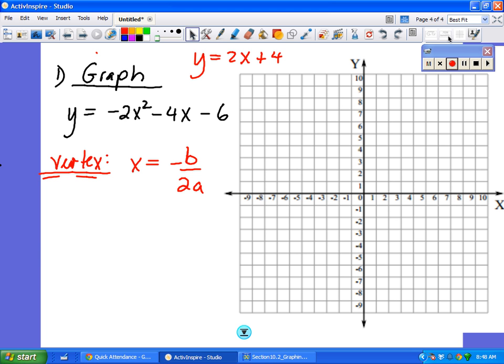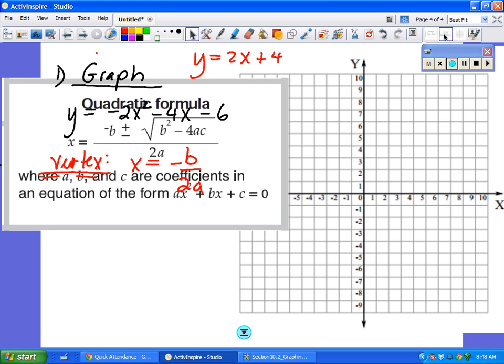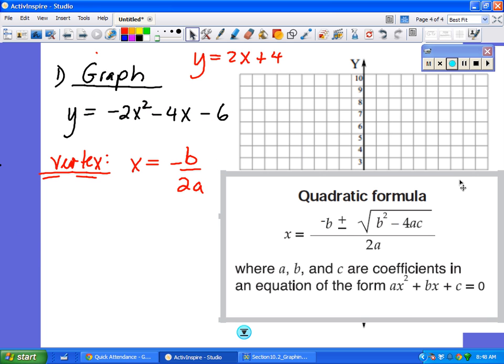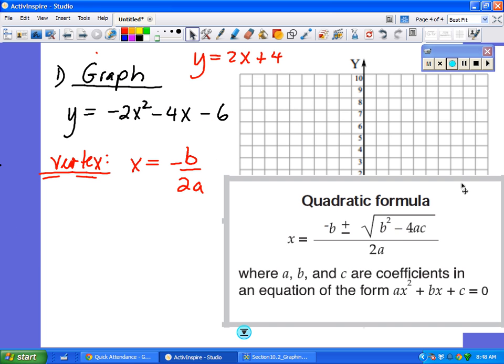Look for the quadratic formula box. Do you see negative b over 2a somewhere here? It's right in the front. So if you can remember to just use this first part, it's on your reference sheet, then you're good to go.